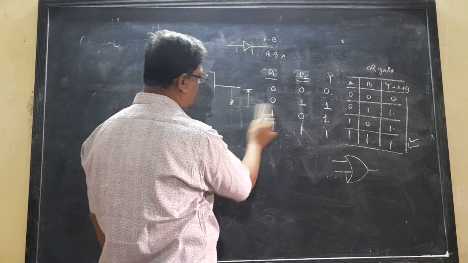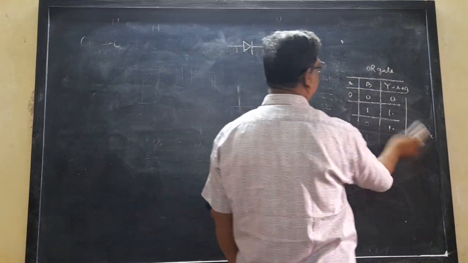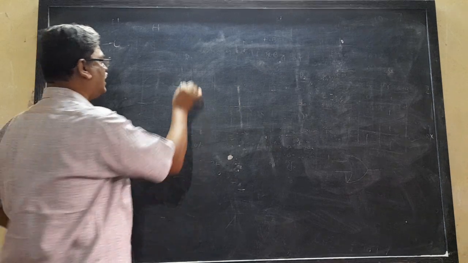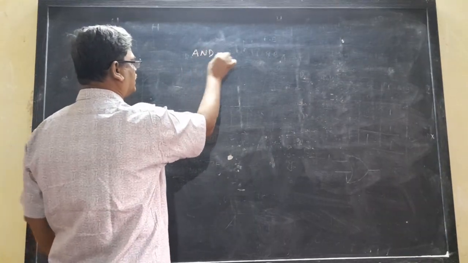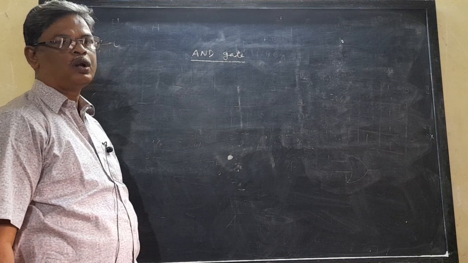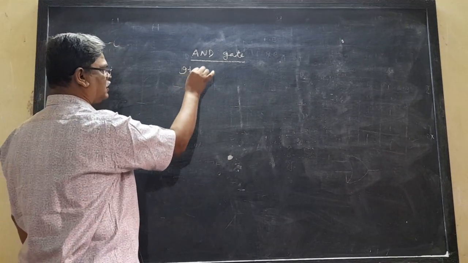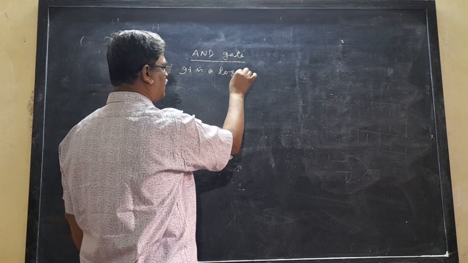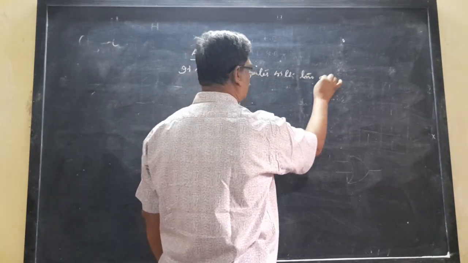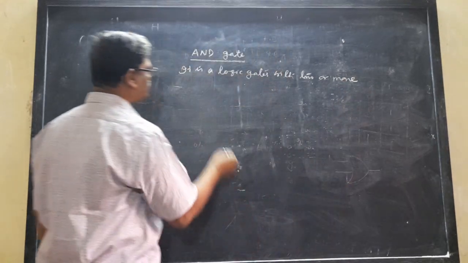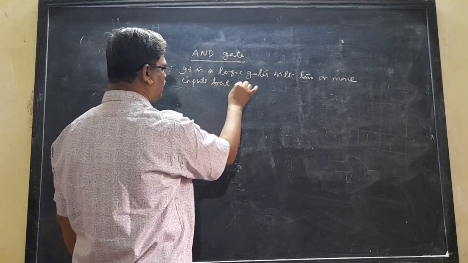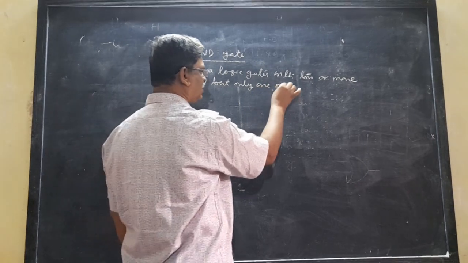Another gate is the AND gate. It is a logic gate with two or more inputs, but only one output.